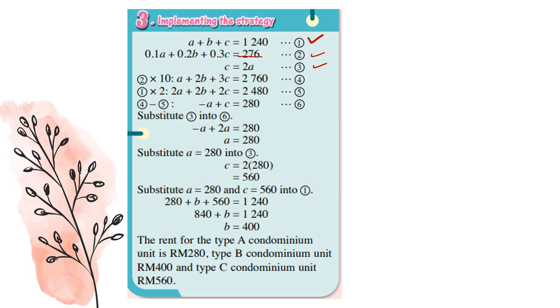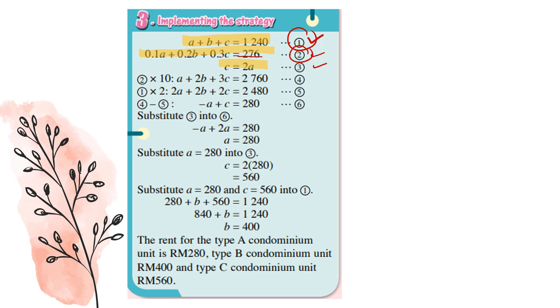So these 3 equations are from the situation just now. Let's say I want to do the elimination method here. I want to solve number 1 and number 2. The coefficients have to be made the same.